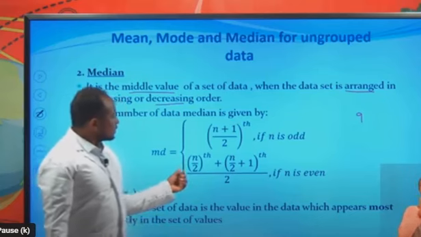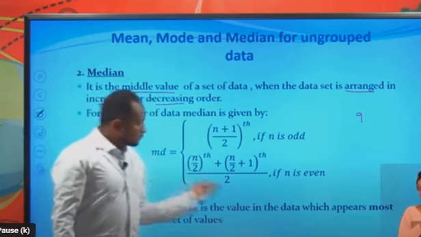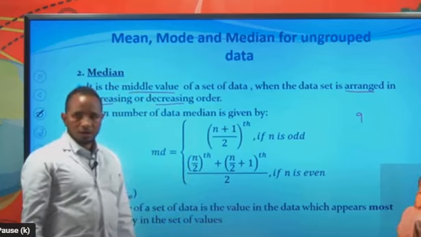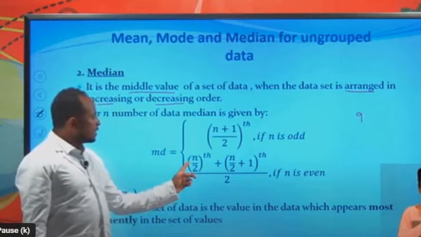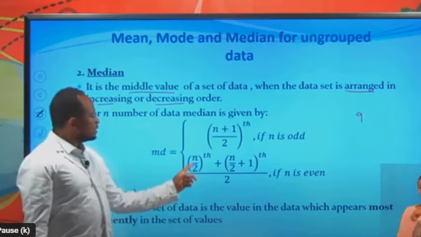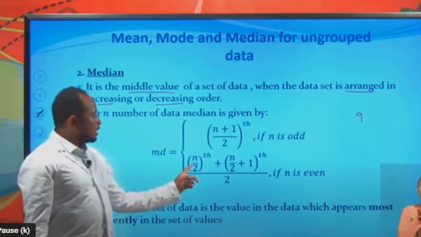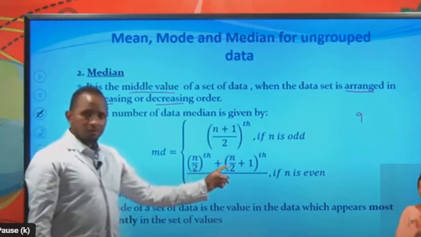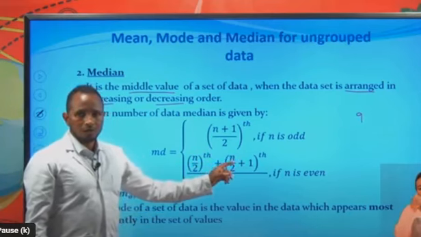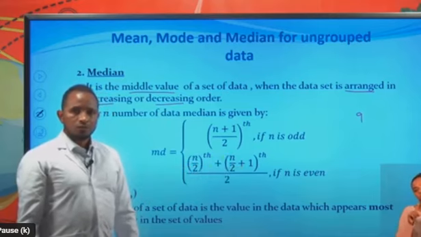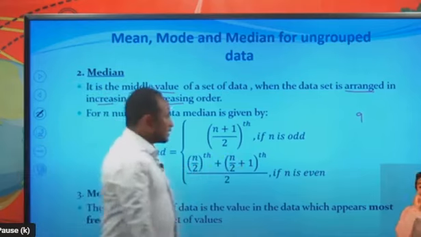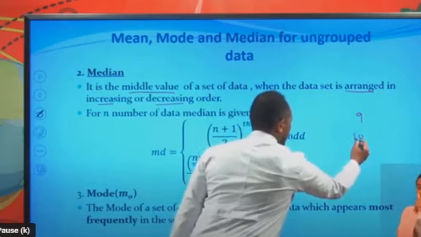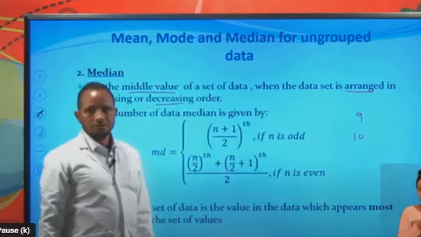Okay, if we have an even number of data, in this case, the median is given by taking the average of the n over 2's item and the next item, the n over 2 plus 1's item. So for example, if we have 10 data, it's even.